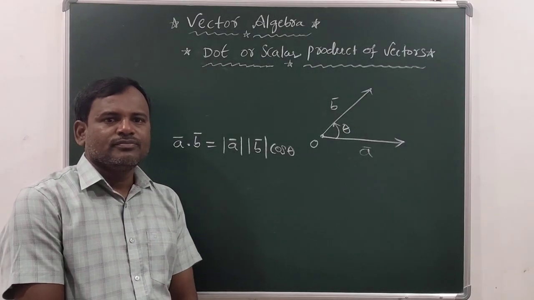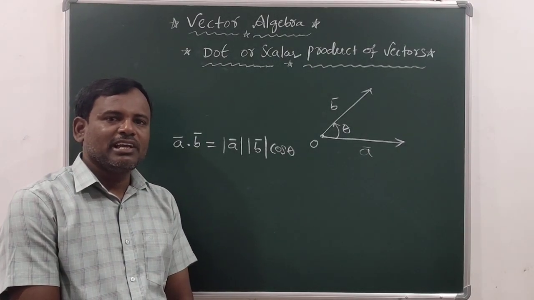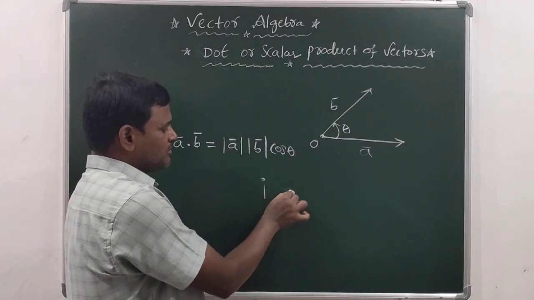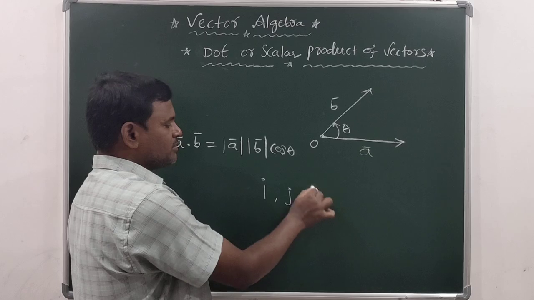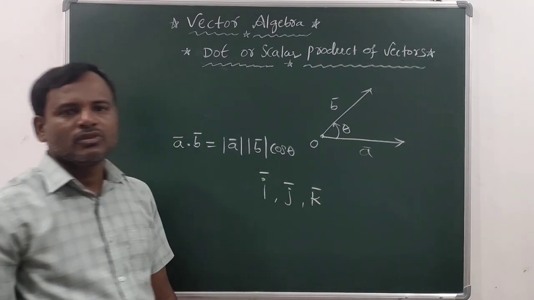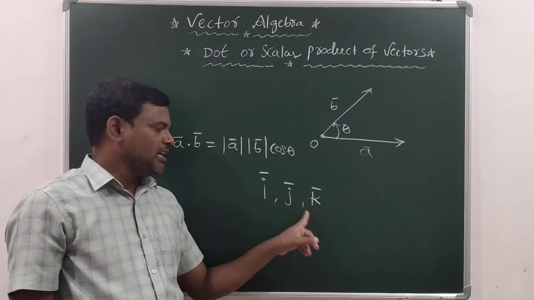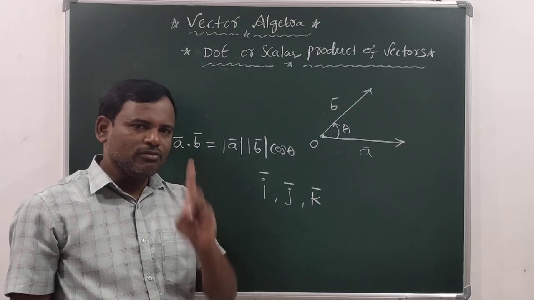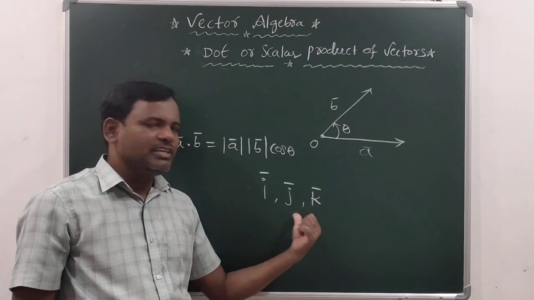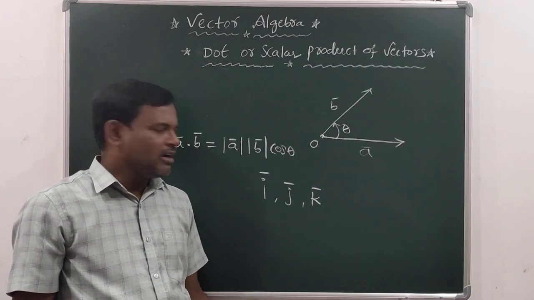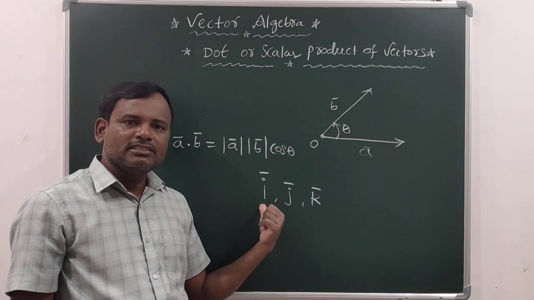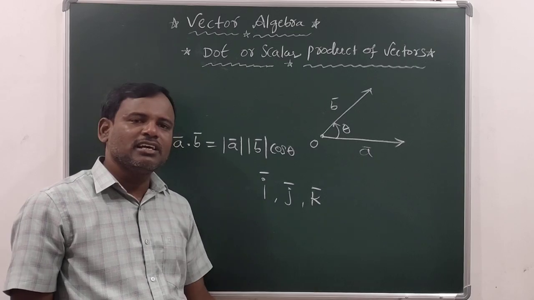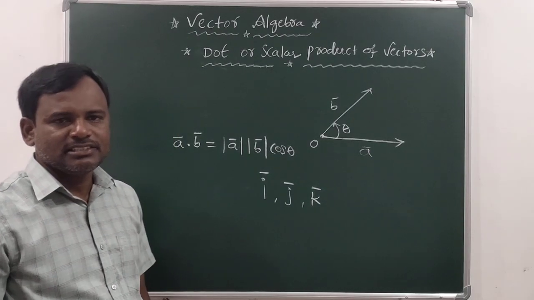You know, i, j, k are three orthonormal unit vectors. i, j, k are unit vectors whose magnitudes are equal to 1, and these three are mutually perpendicular. i acts along the x-axis, j acts along the y-axis, k acts along the z-axis.